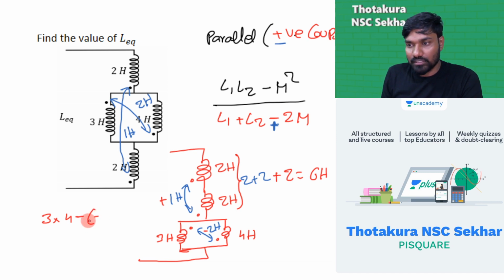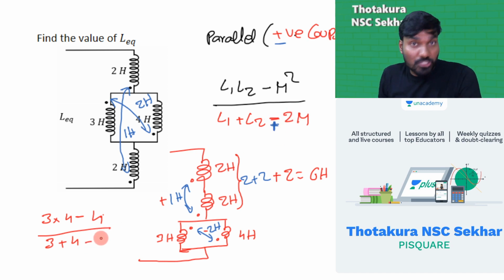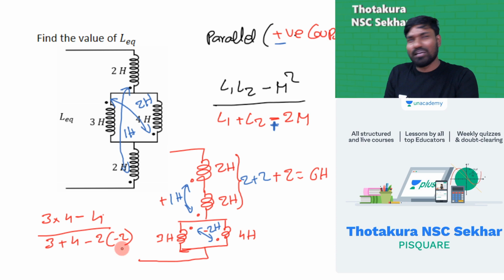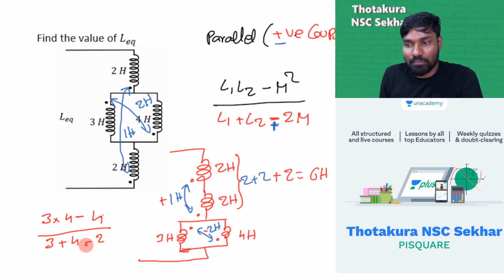So 12 minus 4, that is 4, by L1 plus L2, that is 3 plus 4, minus 2M. That is for positive coupling, but the M value is minus 2 because of the negative coupling. If you take it out, you will get plus here. 2 into 2, that is 4.